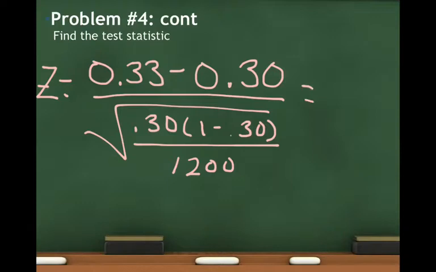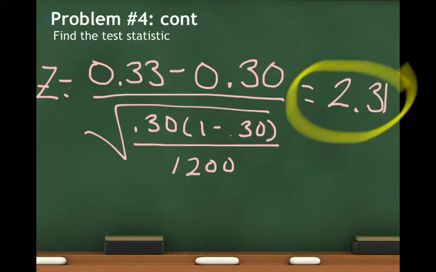When you find that value, you should get 2.31. And so right here is your z-score, your test statistic. What you want to do next is go to your calculator and find your p-value.